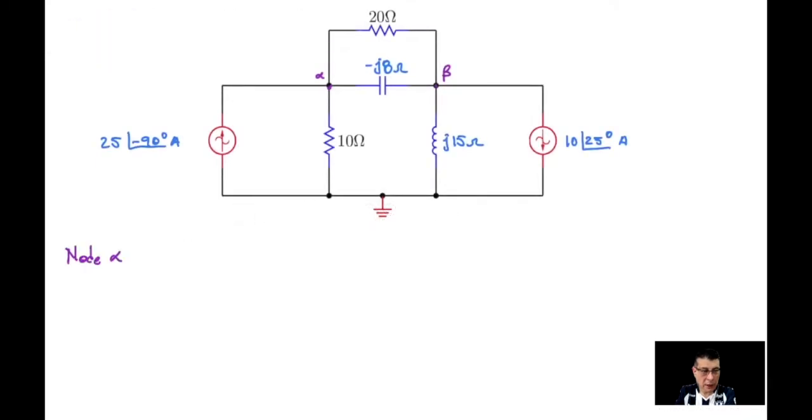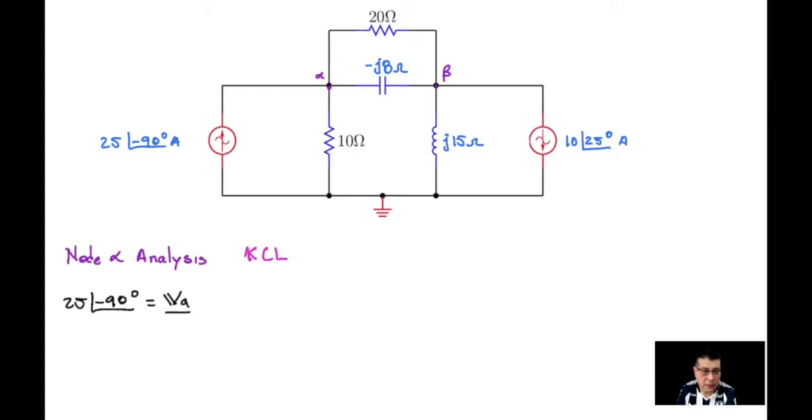Node alpha analysis, and we are going to apply the Kirchhoff's current law in this node, and we can observe that I only have one single current that is entering the node. This is going to be the 25 angle of minus 90 current. So this one is going to be equal to the rest of them that are going out.